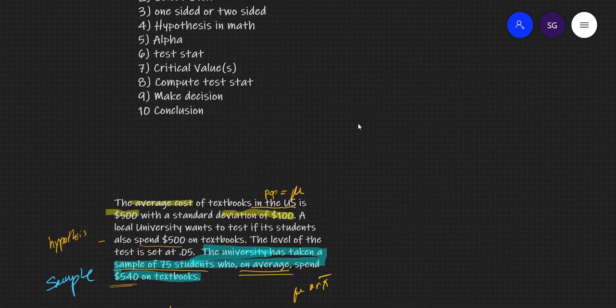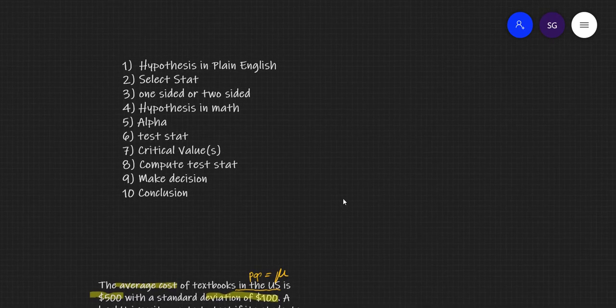But since today we're doing hypothesis testing, it's important to come back and look at our list of hypotheses. We're going to start by doing number 1, which is hypothesis in plain English, and we're going to walk through the entire 10-step process until we get down to the conclusion. This is critically important.